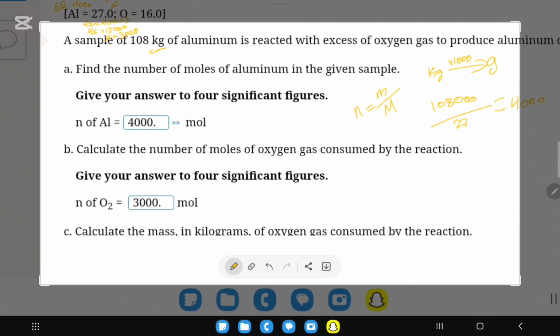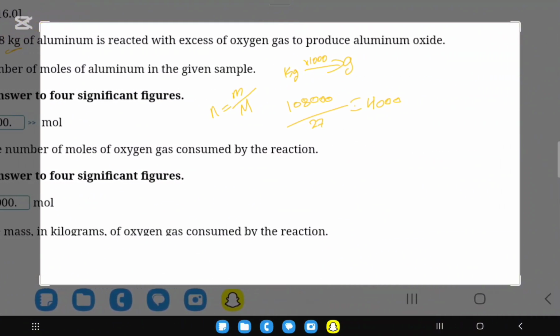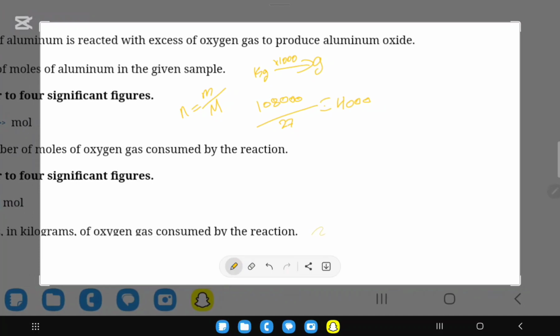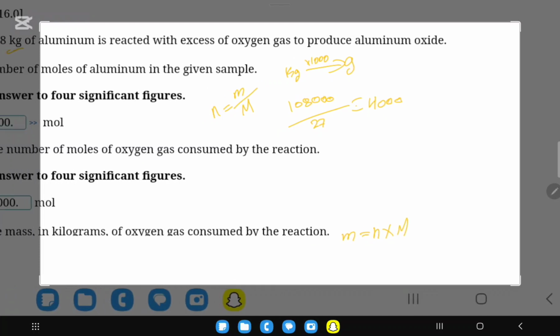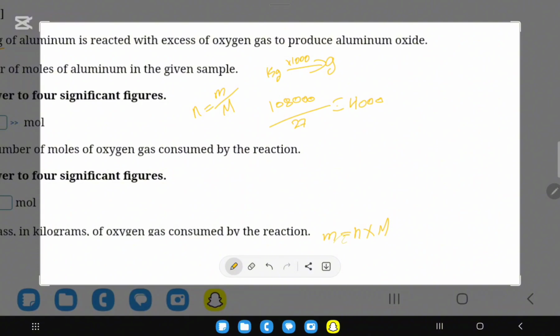Calculate the mass in kilograms of oxygen gas consumed by the reaction. We said before that mass is the moles times molar mass. We have 3,000 moles of oxygen times the molar mass.